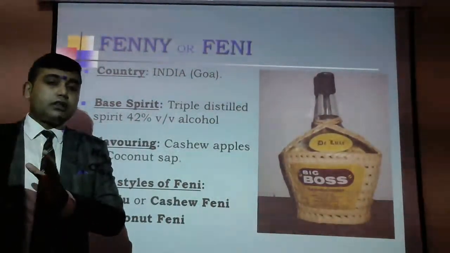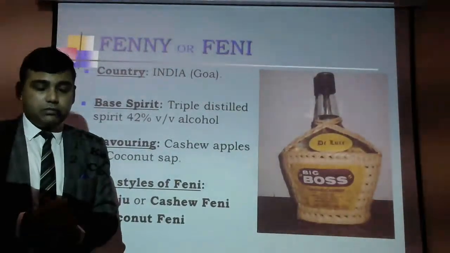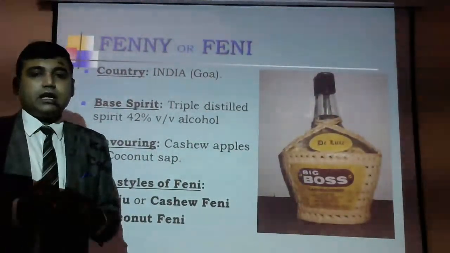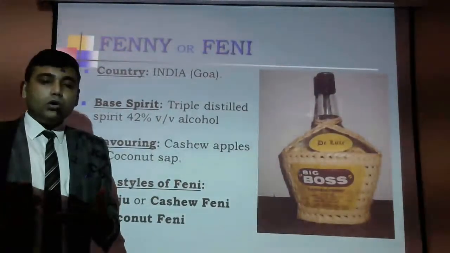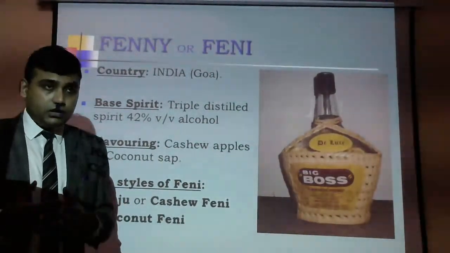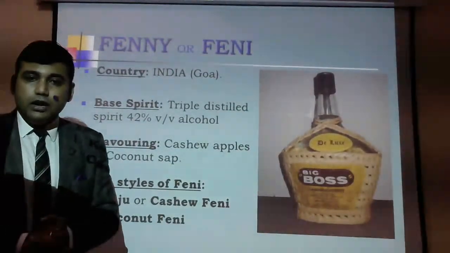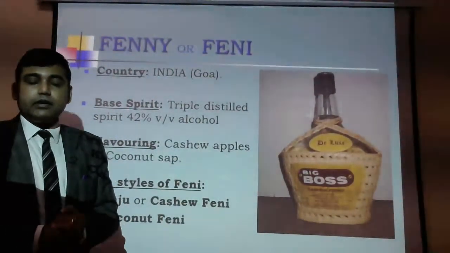Now after that, the third time when you distill, you get the Feni, the cashew Feni, which is more of a neutral nature, and it is best drunk with your Limca, Sprite, 7-Up.